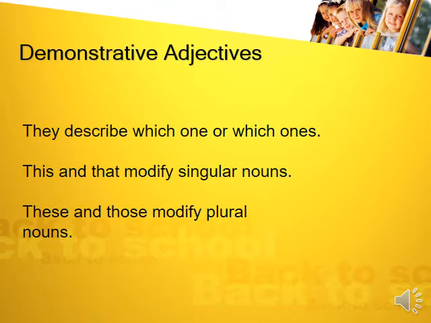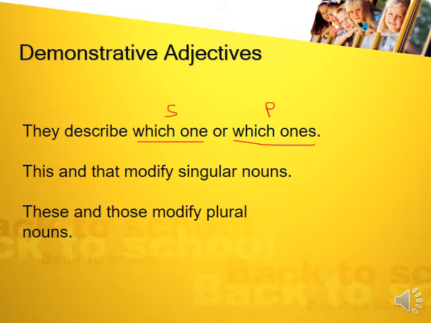They describe which one or which ones. We determine singular or plural according to the noun the adjective modifies. If we talk about an adjective, there is a noun word that it describes. So in each sentence, when you find these demonstrative adjectives, you're going to find the adjective and then a noun as usual.